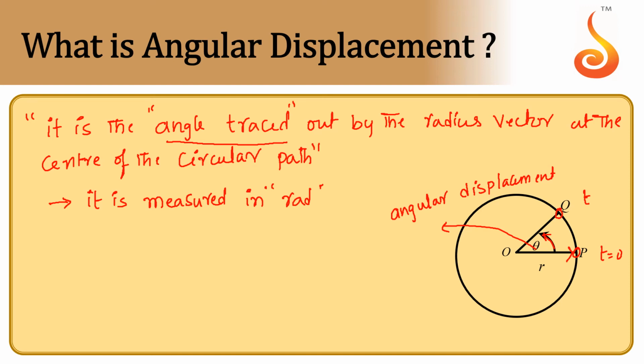So 1 radian, 2 radian, like that, it is measured in radians. If the particle completes one complete cycle, then the angular displacement of the particle is considered as 2 pi radians, and it is dimensionless.